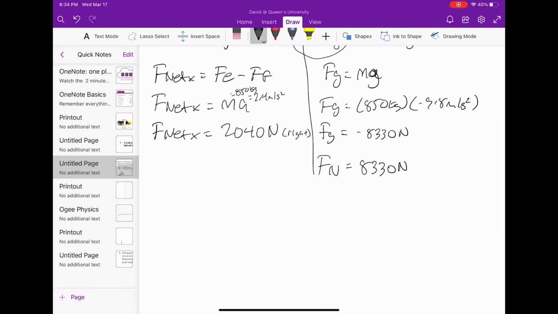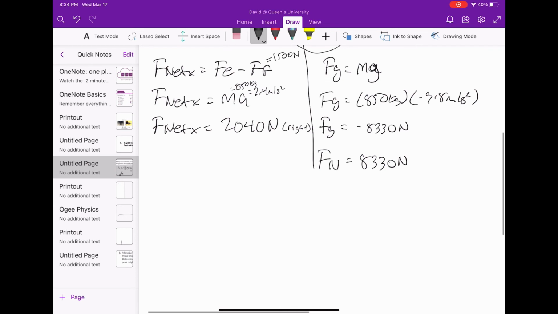So now we know our FF. This here is equal to 1500 newtons based on the question. So we can solve for our engine force. So we have 2040 newtons for the F net X. We have our engine force and we have our frictional force. So I just subbed in their values there.